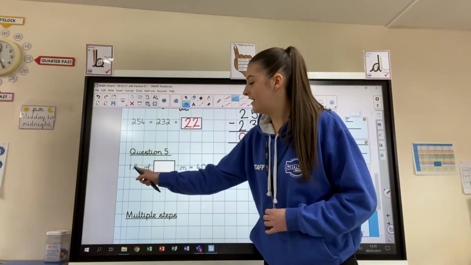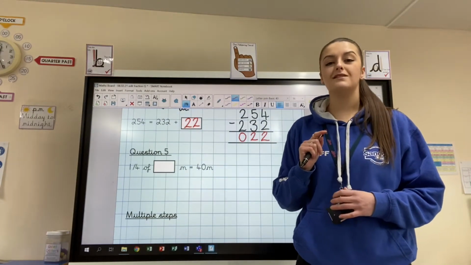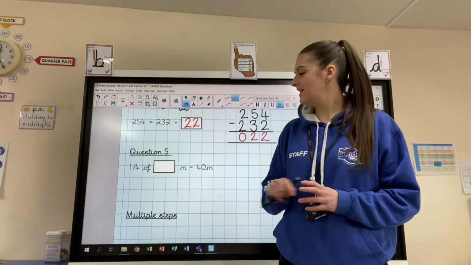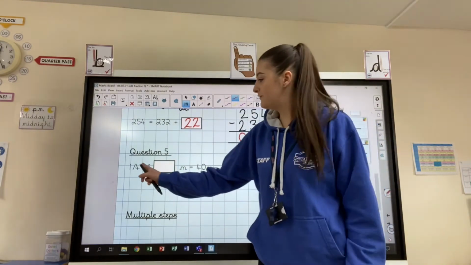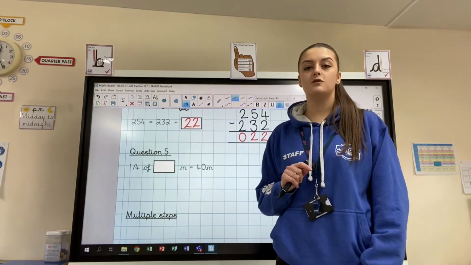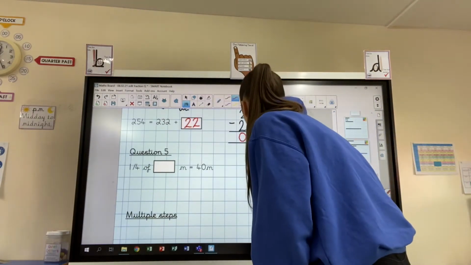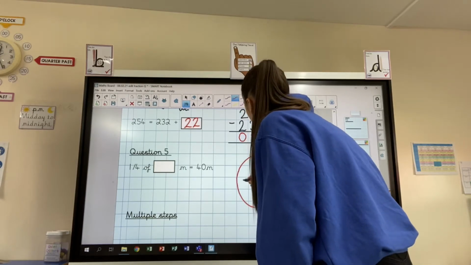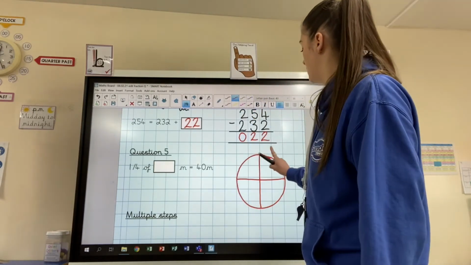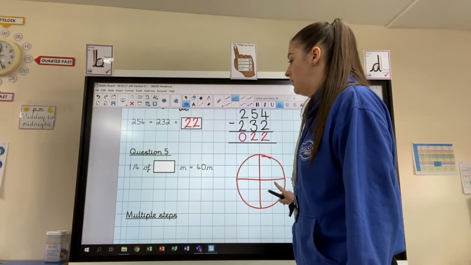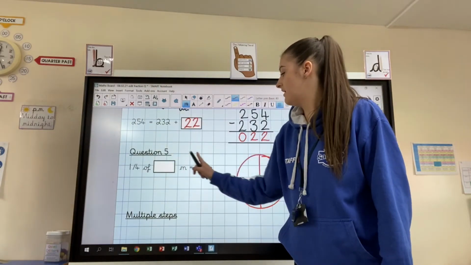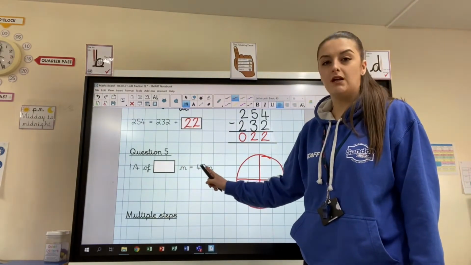Now we know when we're finding a quarter of something, we're splitting it into how many equal parts? Oh, if you said 4, well done, because my denominator is 4. So we would split it into 4 equal parts. So I've got my whole, there are my 4 equal parts. 1, 2, 3, 4. But a quarter of something equals 40, okay?